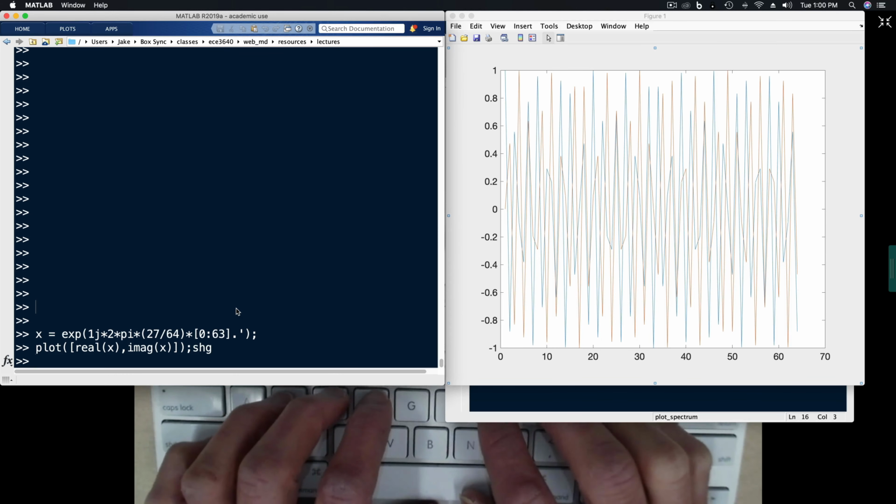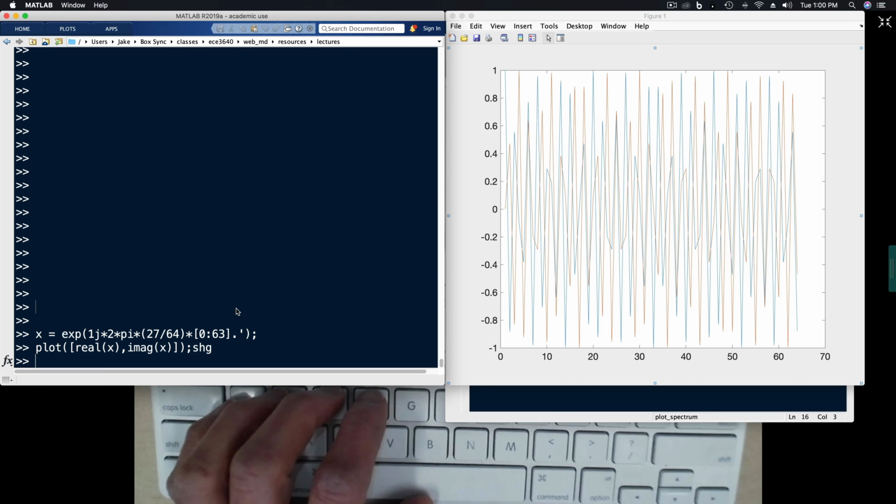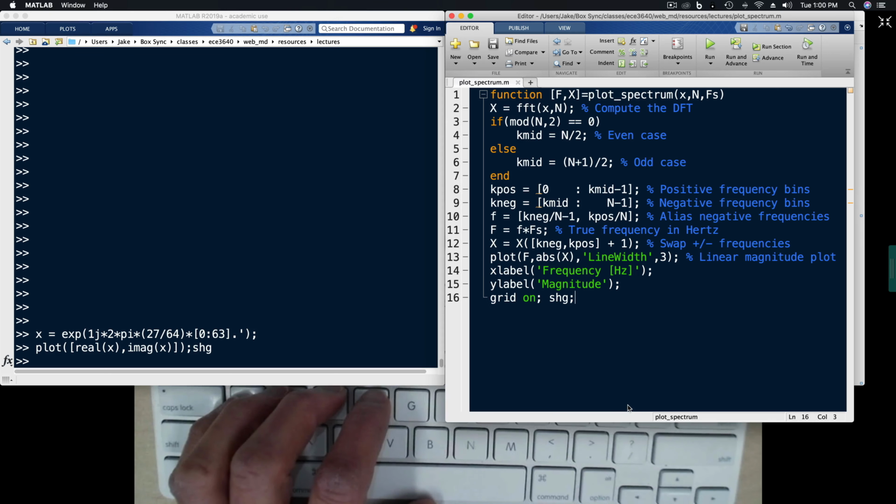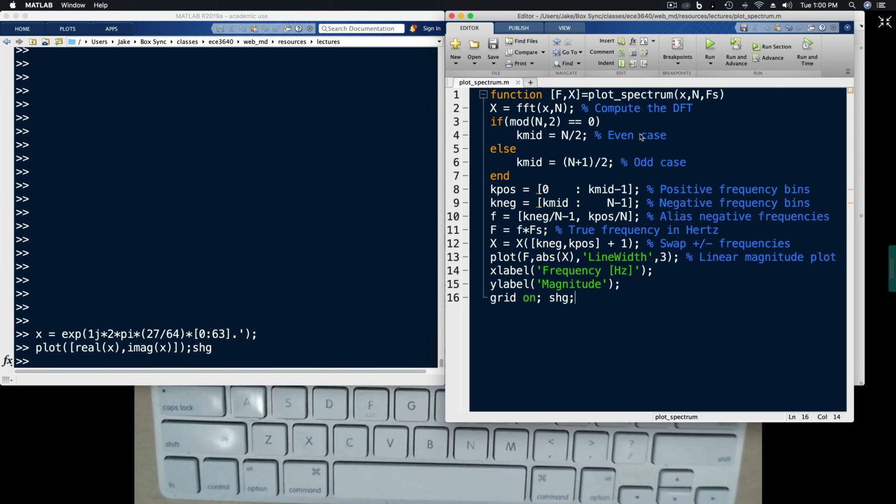Let's take a look at its Fourier transform by calling a function. I've already written the function. It's essentially the same code that we've already looked at. I have an input signal x, I choose a number of points in the transform, and I have an input sampling rate. The first thing I do is calculate the transform. I tell the FFT function I want an n-point transform. Then I check to see if n is even or odd. Define the positive frequency bins and the negative frequency bins, just like we talked about.